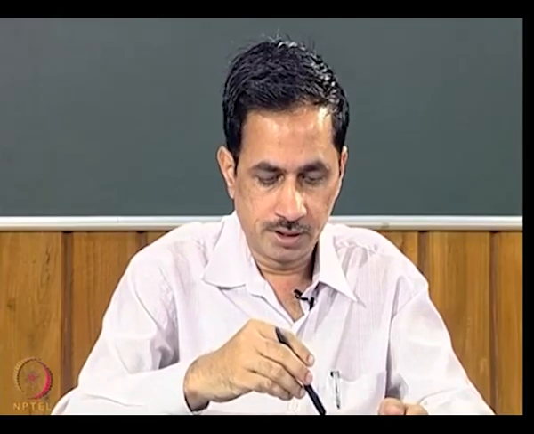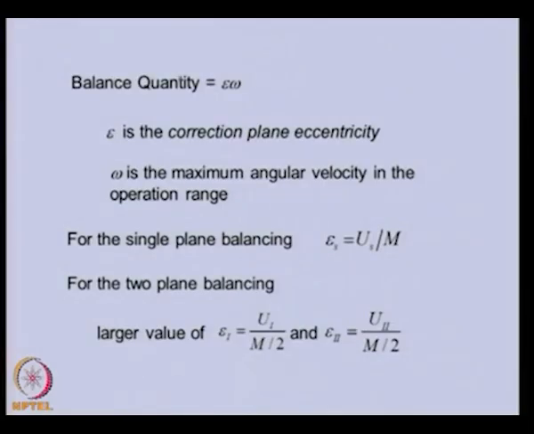So, we are defining a term, balance quality, which is epsilon into omega, where epsilon is the correction plane eccentricity, and omega is the maximum angular velocity in the operating range of the rotor. If we are talking about single plane balancing, then the correction plane eccentricity for the static case will be given as static unbalance divided by the mass of the rotor.